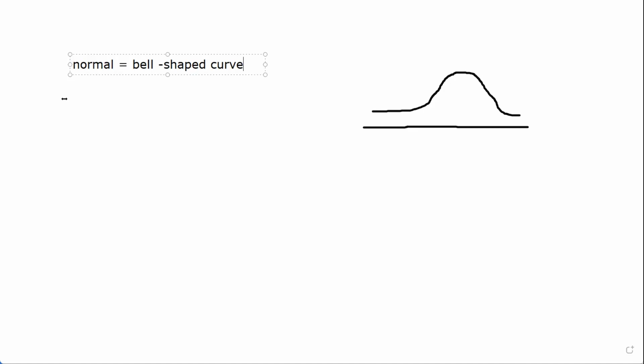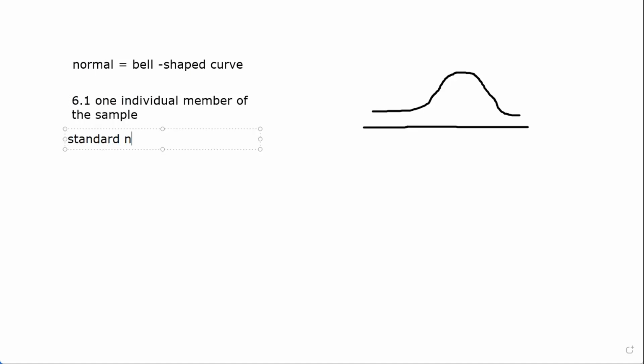So I'm going to try and get away from some of the notation for a minute. In 6.1, we're dealing with one individual member of the sample, right? And we're basically showing you what we call the standard normal curve, so we're showing you z-scores, right?